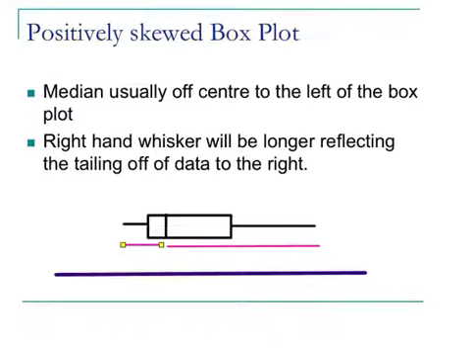In our lower half, from our minimum value to the median, the data is a lot closer together than it is on the right hand side. So this is positively skewed. It's stretched out on the higher side.